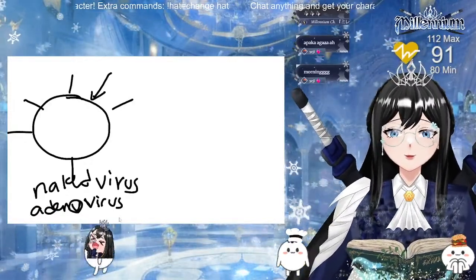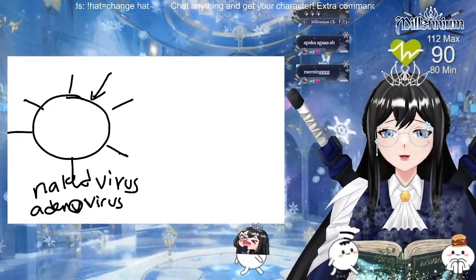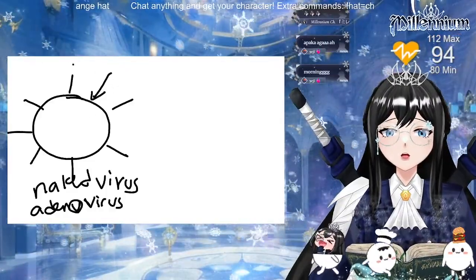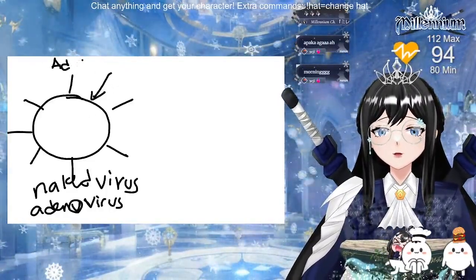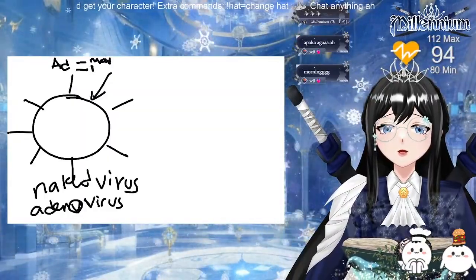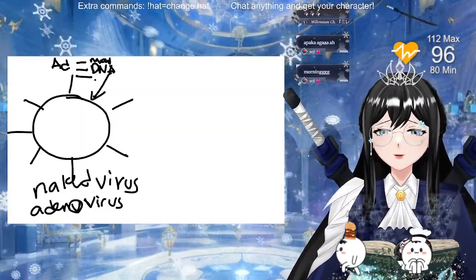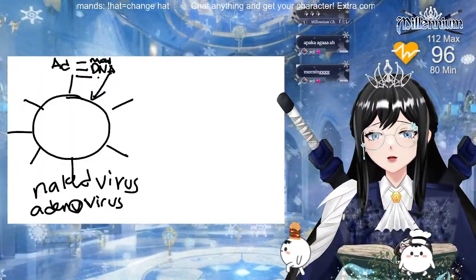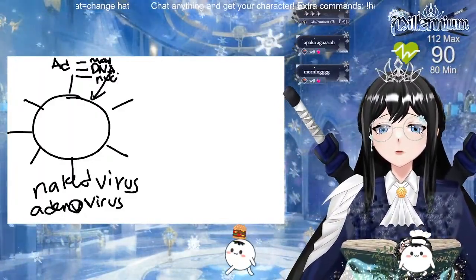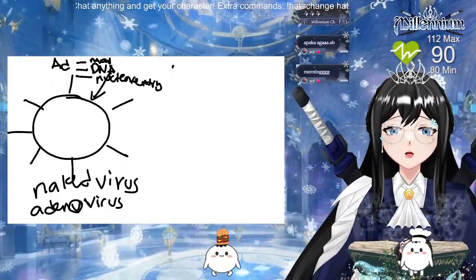And today we are learning about viruses, aka adenovirus and VSV. So adenovirus would be the naked viruses. It uses DNA as a genome, and the third detail is it might need some nuclear entry help to come in.